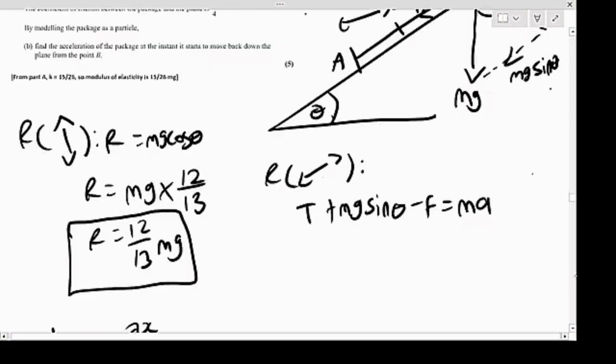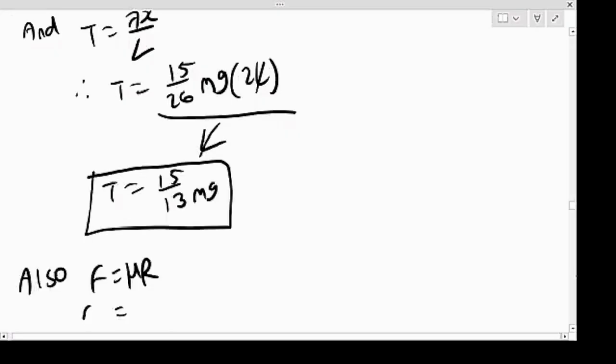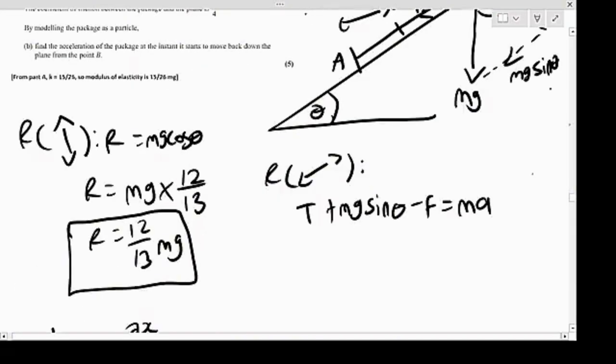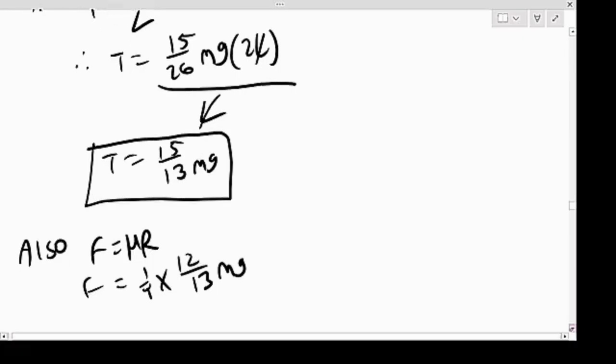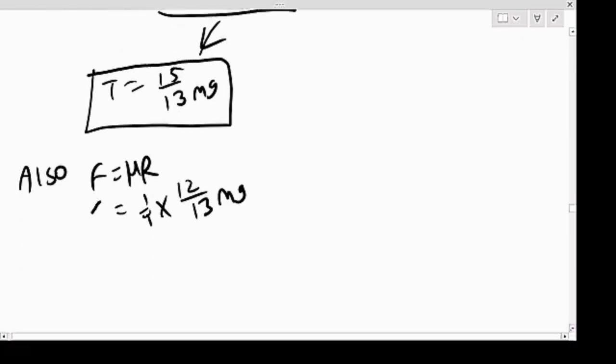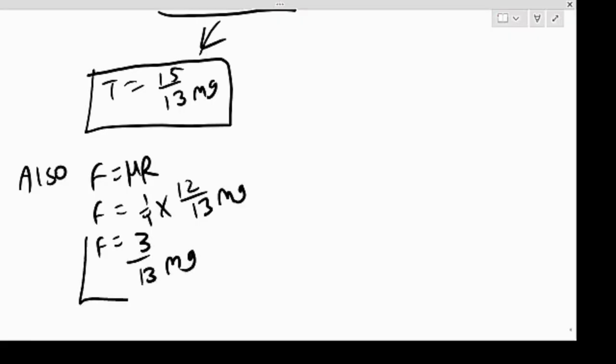So that means the friction F is going to equal 1/4 times the reaction. Now the reaction is 12 over 13 mg. So if we simplify this, 1/4 times 12 over 13 is 3 over 13 lots of mg, and that is my friction.